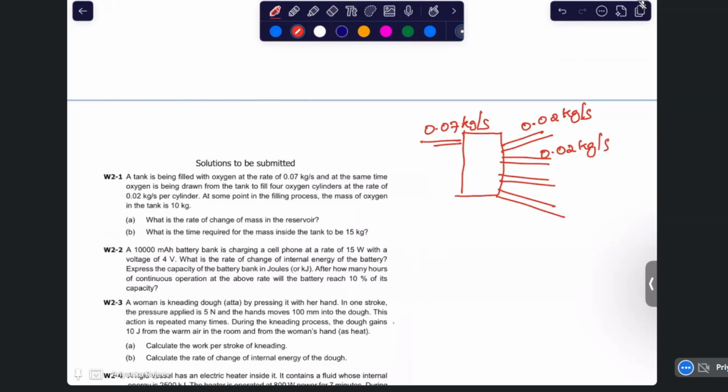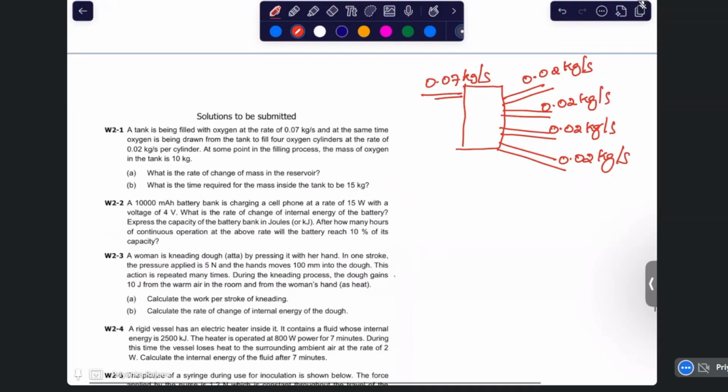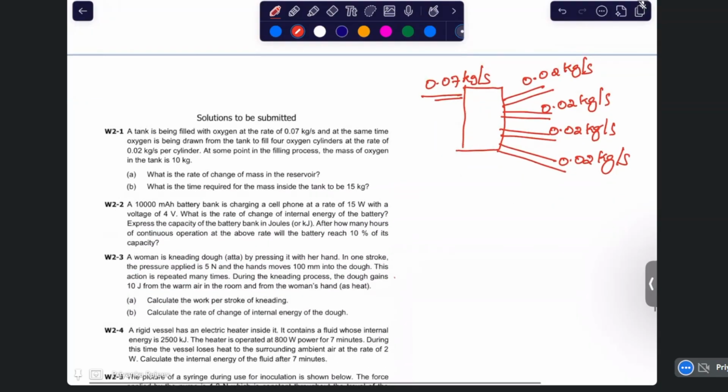So the mass in the tank at a certain instant is 10 kilogram. Now we need to find the rate of change of mass.